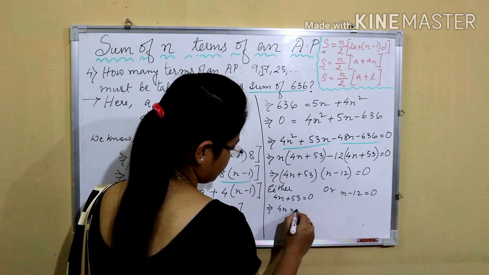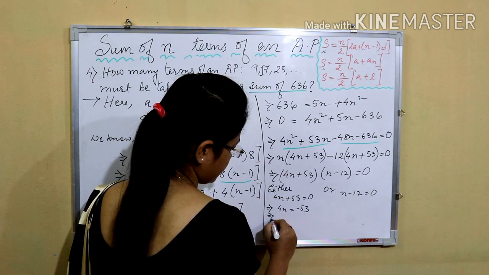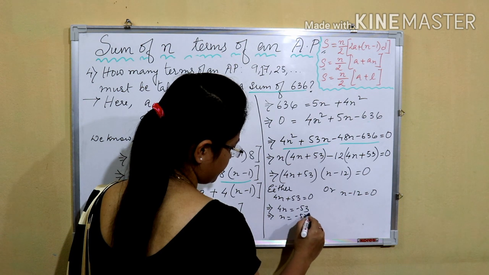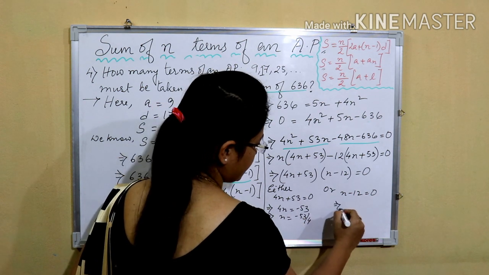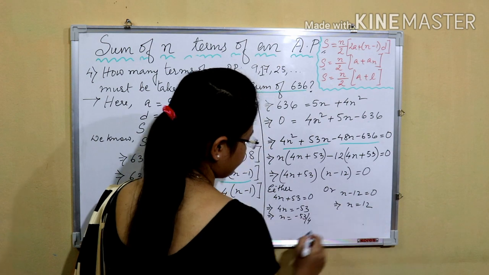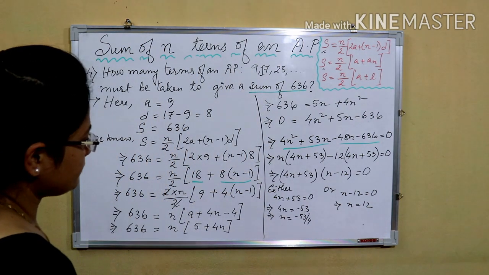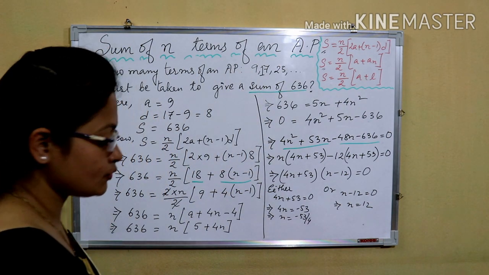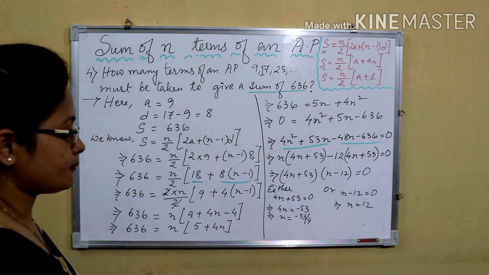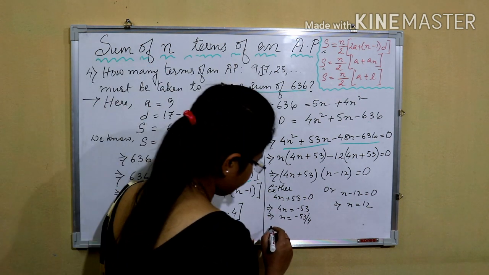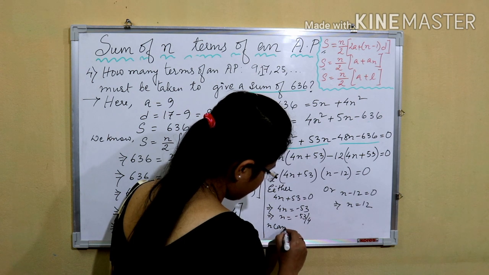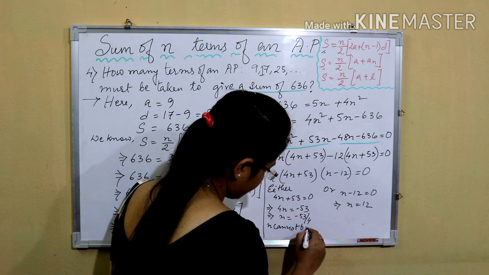So 4n equal to minus 53, n equal to minus 53 by 4. In this case, n equal to 12. As we know, n is the number of terms, and number of terms cannot be negative. So n cannot be negative.